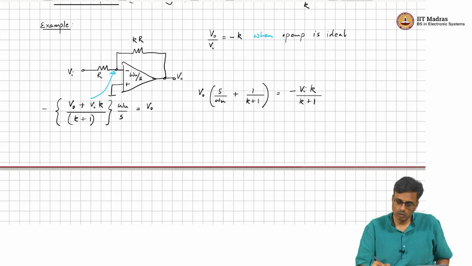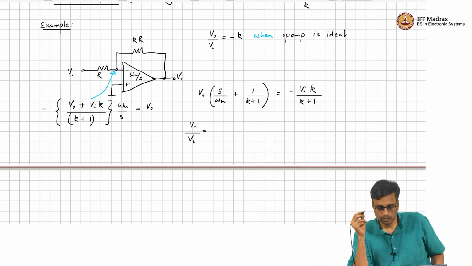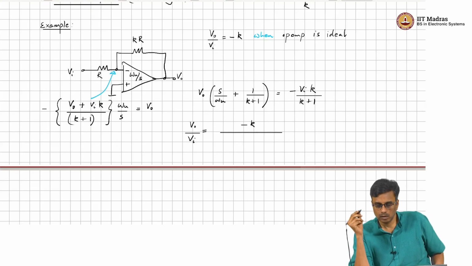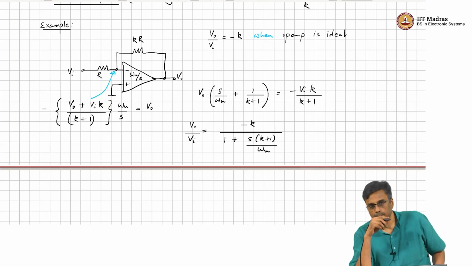Okay. So, Vo by Vi is nothing but minus k over 1 plus s times (k plus 1) over omega u. That clear?